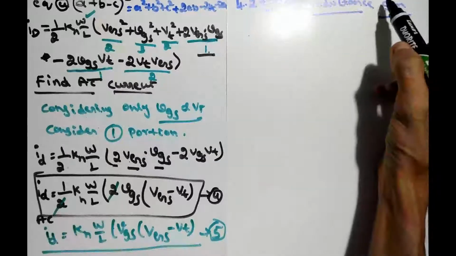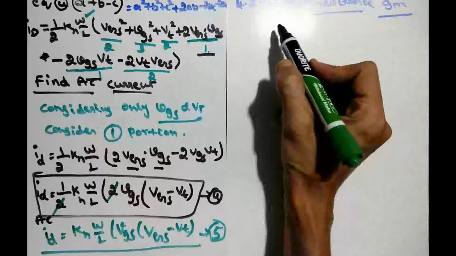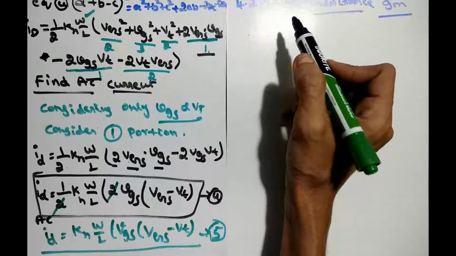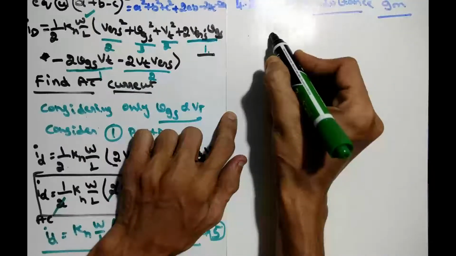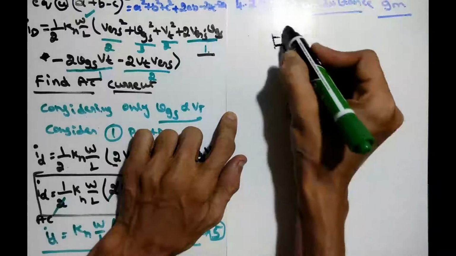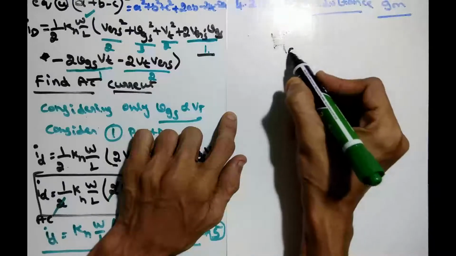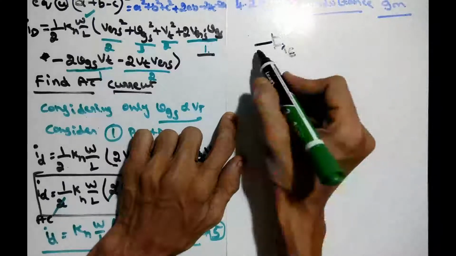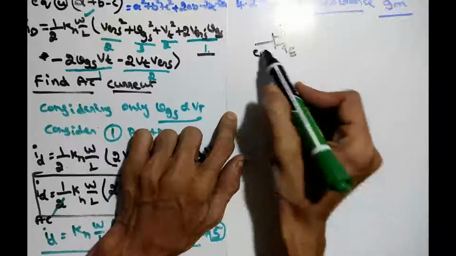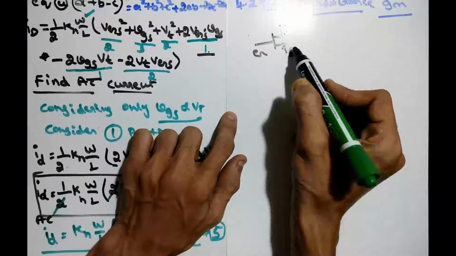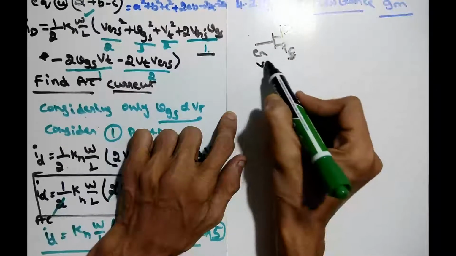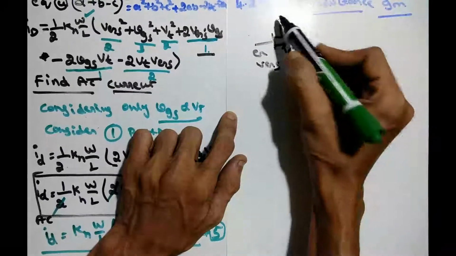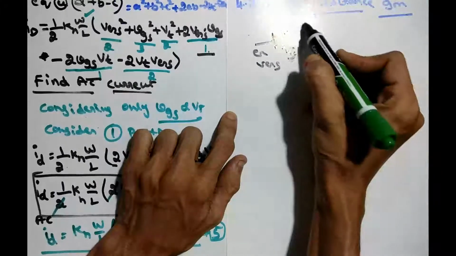Transconductance, that is nothing but GM. Usually the MOSFET behaves like a voltage controlled current source. What it means actually is, if you take one MOSFET like this, this is your drain, this is your source, sorry, this is the symbol, and this is your gate. We are giving an input, we are calling it VGS as input, and the output we are referring to in the form of current ID.